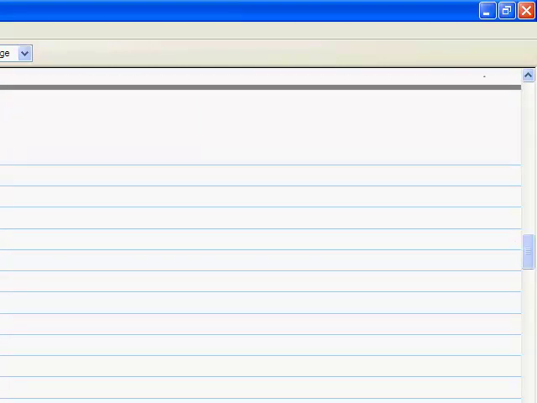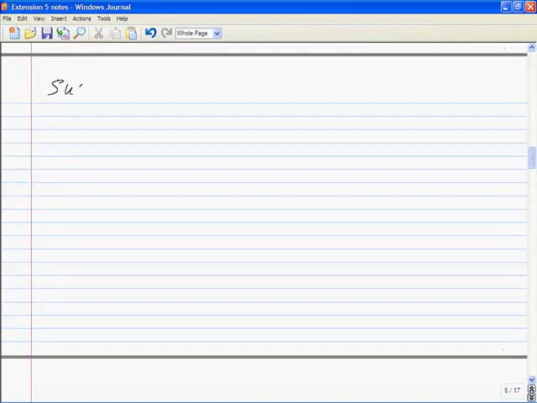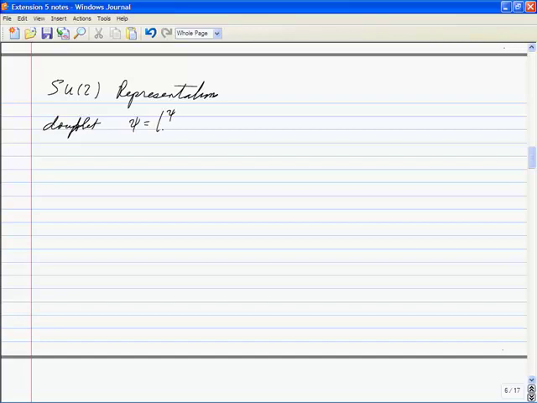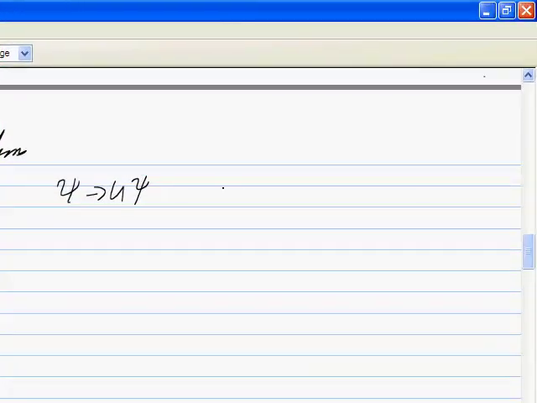So representations of SU2. Okay, we take the doublet, psi is psi_1, psi_2, with psi going to U psi.